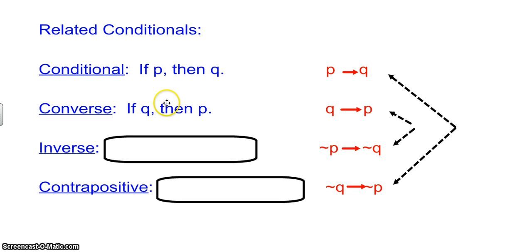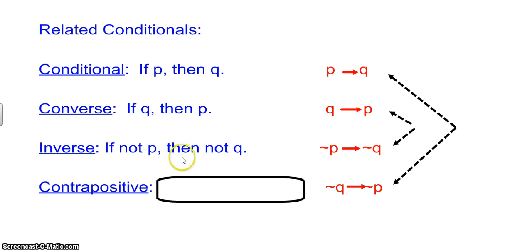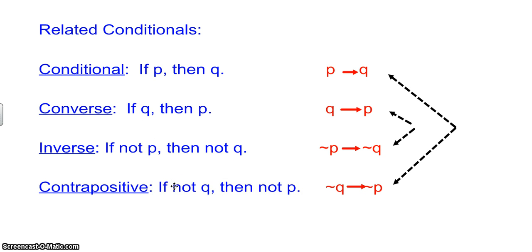So we would say, if Q, then P, which is interesting. The inverse of the conditional is, if not P, then not Q. So it looks like the first statement, the conditional statement, the same order, P then Q, and yet each of them is negated. If not P, then not Q. The contrapositive is really the inverse of the converse. In other words, if not Q, then not P.